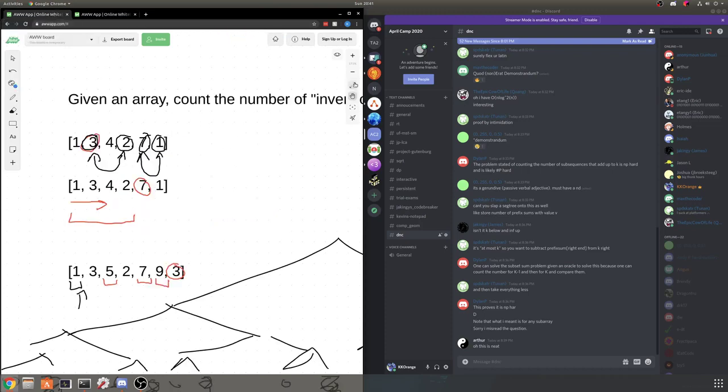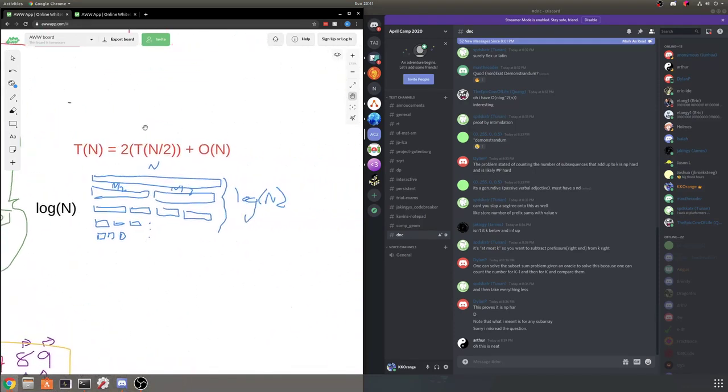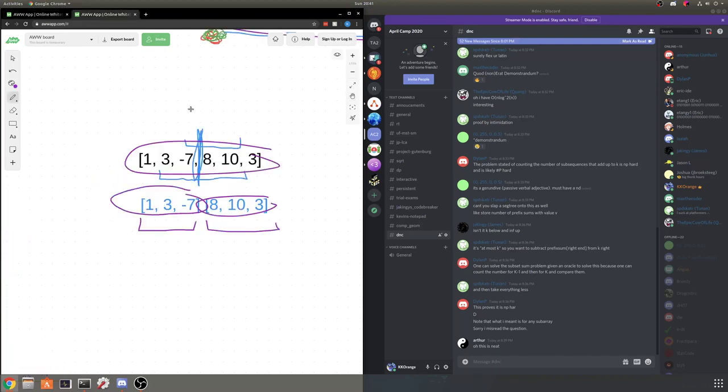And for the same reason as we described here, the total complexity is going to be order n log n, assuming that we can do this count in linear time. So the key question really is then, how do we do this count in order n time?